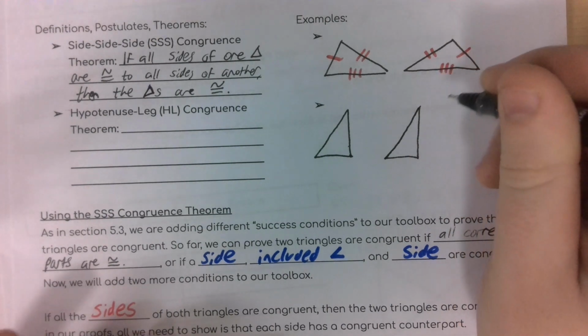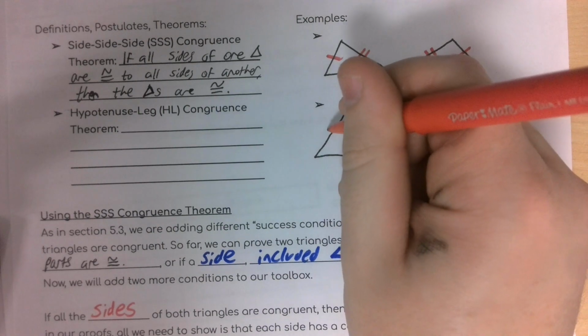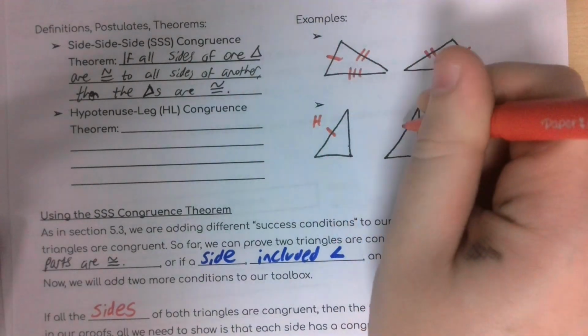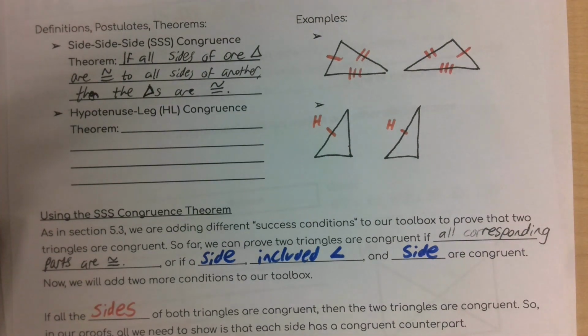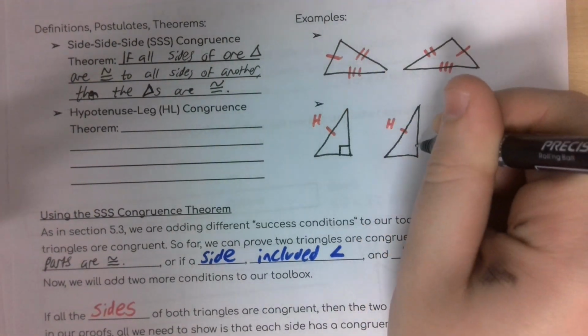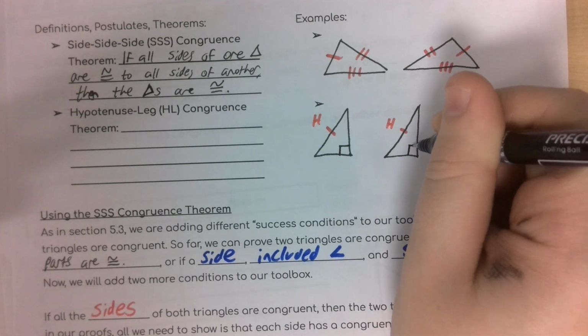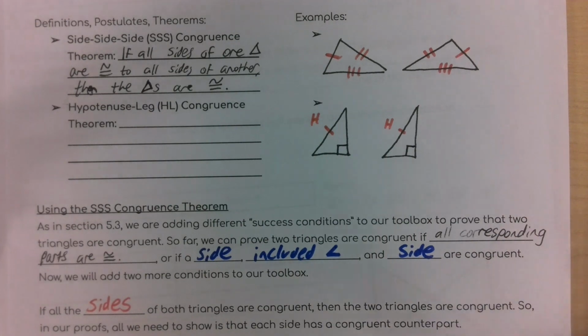Hypotenuse leg is a shorter way of proving it, but it requires a bit more setup. The hypotenuse, if you recall, is the name we give to the longest side of not just any triangle, but to specifically a right triangle. So this theorem will only work if you have a right triangle.